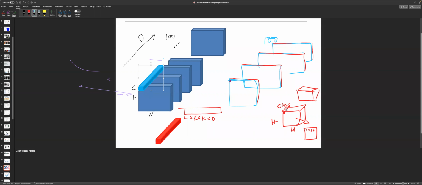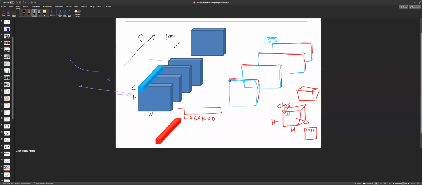Let's say we have 5 classes. So your output for the first slice will be H, W, and 5. Then you have another output for the second slice, H, W, and 5, right? And how do you generate the segmentation map? For each pixel location, I just take the argmax, right? What's the maximum value for each pixel vector?